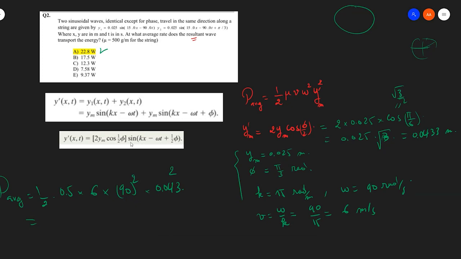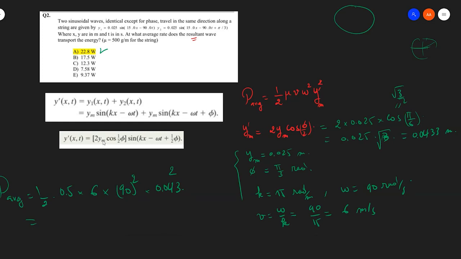This formula here. So you see the resultant wave has an amplitude. The total here is the amplitude. Or the absolute value of this one is the amplitude, because the cosine can be negative. So the absolute value here is the amplitude. It can be maximum, and the maximum is 2ym.